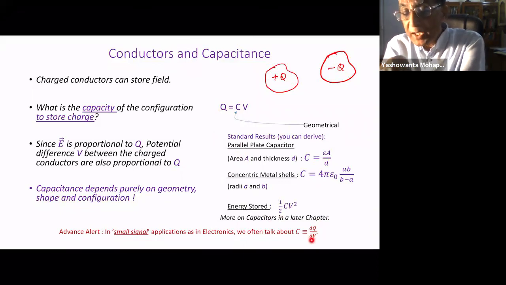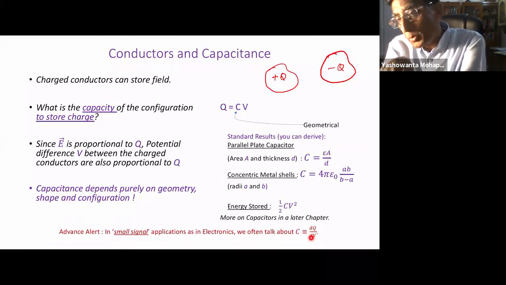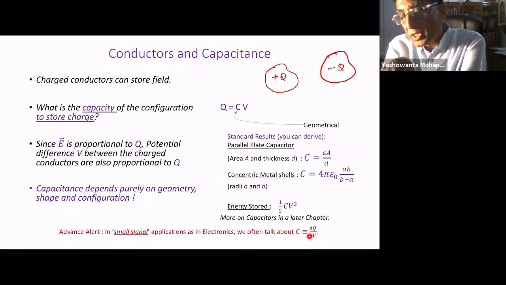That is, if I place a small voltage dV, how much does dQ change? Or if I change dQ, how much does dV change? A small amount, could be just millivolts, and at a certain frequency. So this is dynamic capacitance, also called differential capacitance.